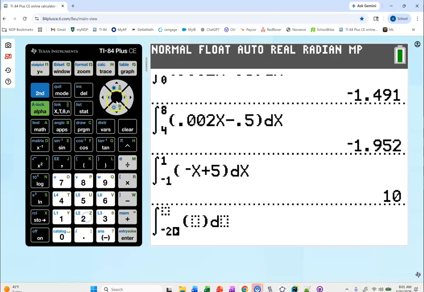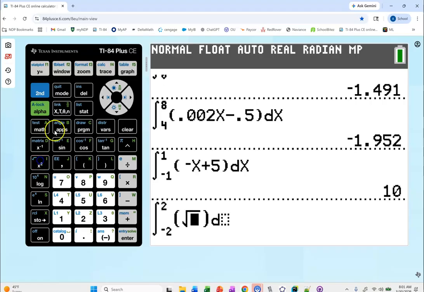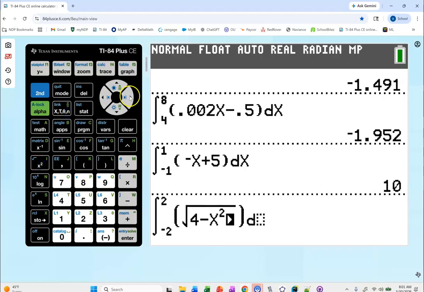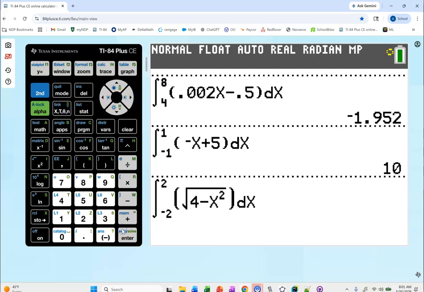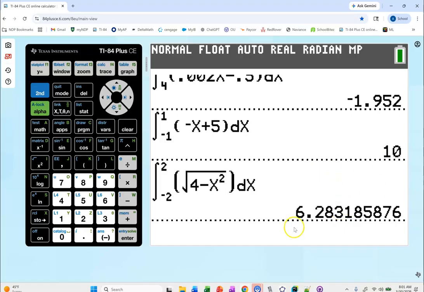If I were to do the second one, I get this decimal. Well, that's a kooky looking decimal, Mr. Kulik. I thought you said it was 2 pi.